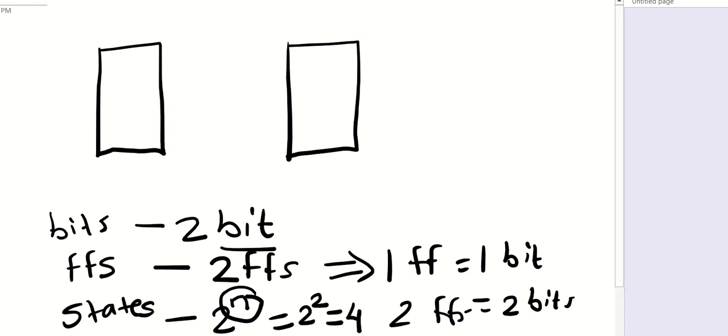So the number of states will be 4. Now, for this type of counter, the number of flip-flops required is 2, as I have said.